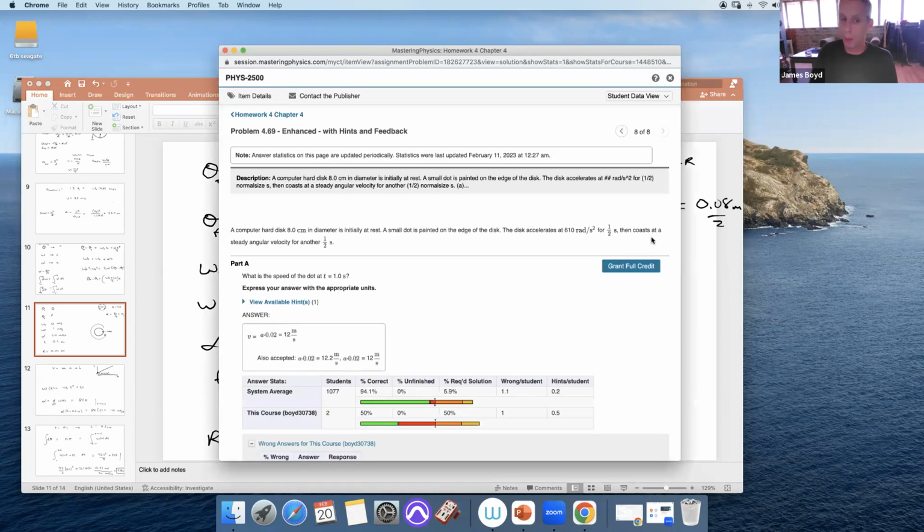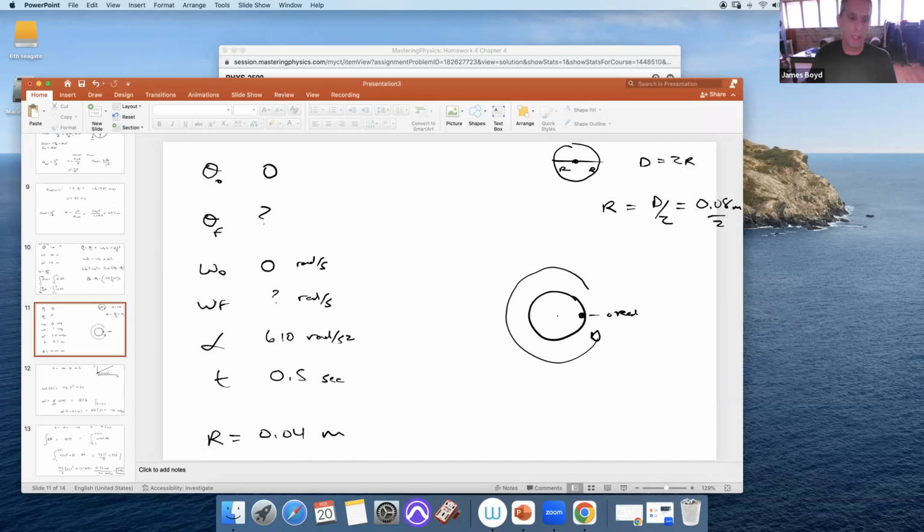Then we're going to do the second part of the problem. What is the speed of the dot at 1.0 seconds? Now, it's accelerating for the first half second, and then whatever speed it has at that point, whatever omega it has, it's going to stay at that omega for the second half. So we need to find omega final. And if we come back, we don't know theta.